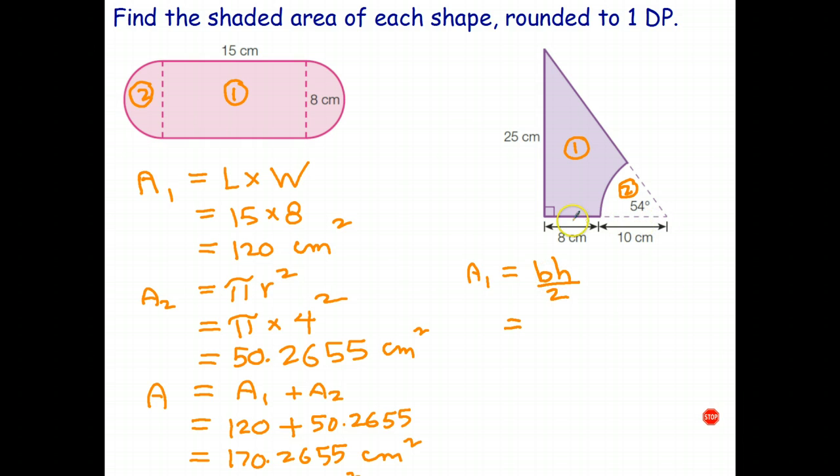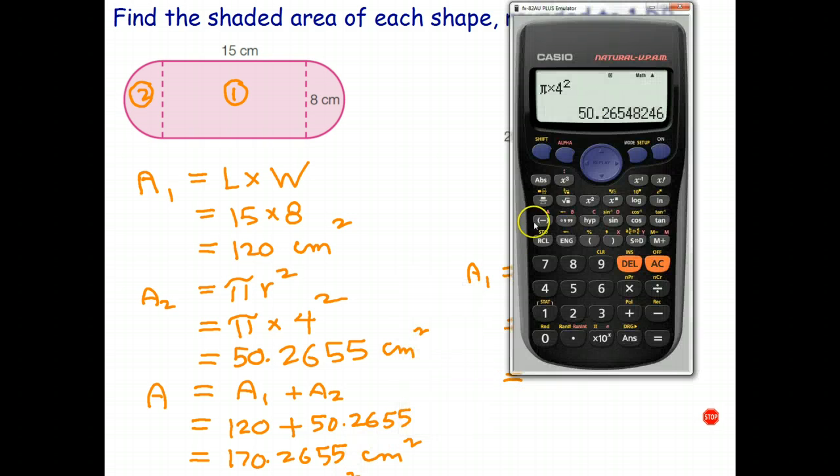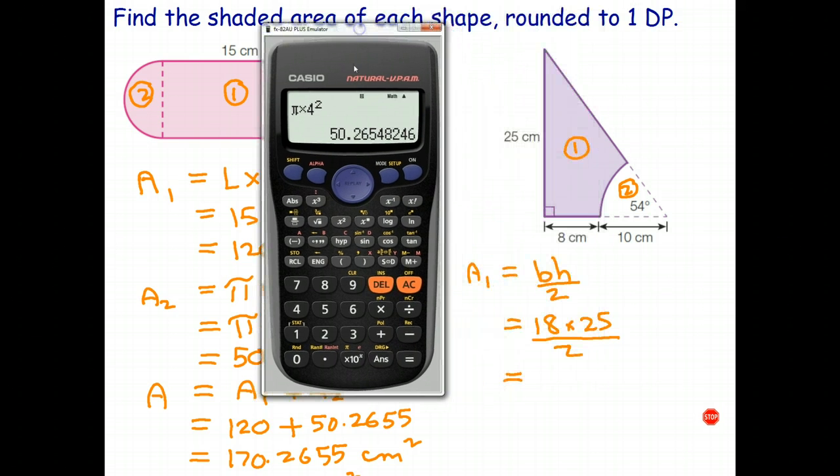Okay, well, the base is 10 plus 8, which is 18. The height is 25, and divide 2. So 18 times 25 divide 2. Let's use the calculator for that. Just drag it off to the other side.